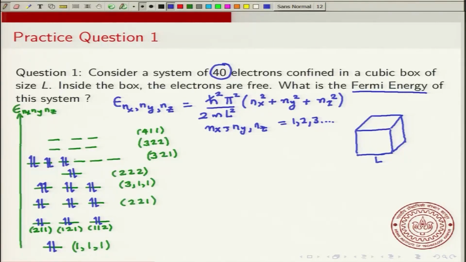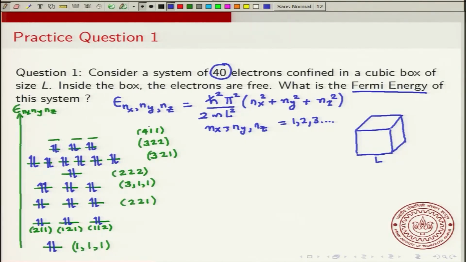Now there are 12 electrons here, so that makes it 34. So you have 2 4 6 8 10, you have 34 so far, and then you can have up to 40. So, okay, then this is how 40 electrons will be filled. The 4 1 1 state will be vacant.